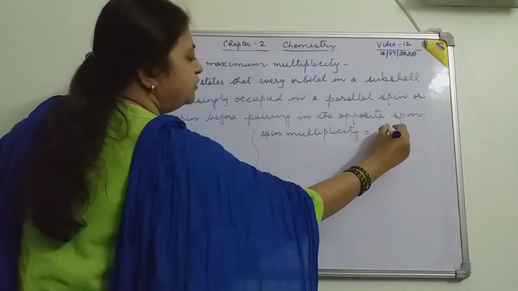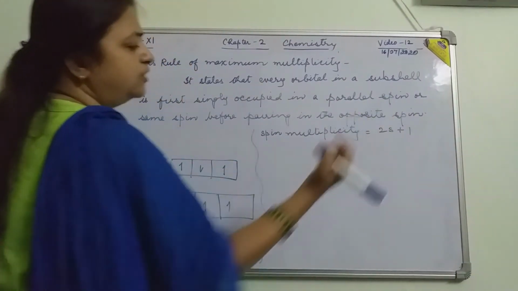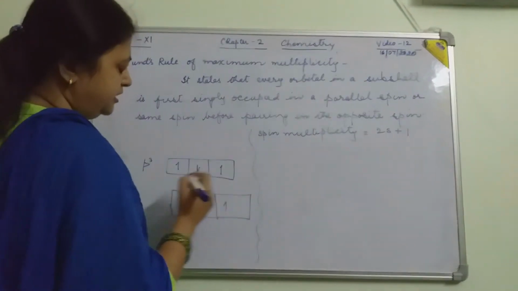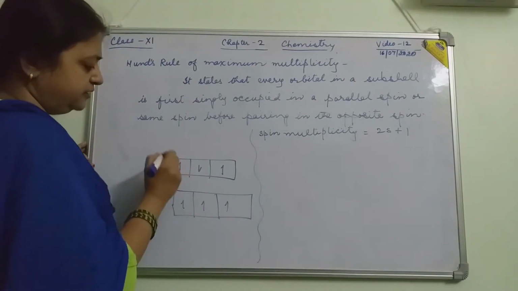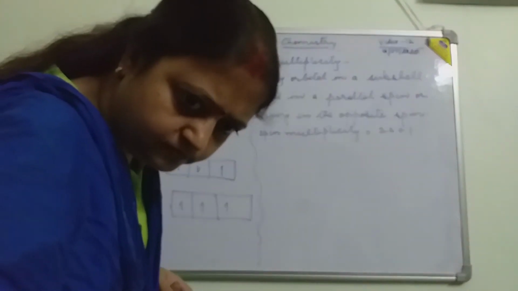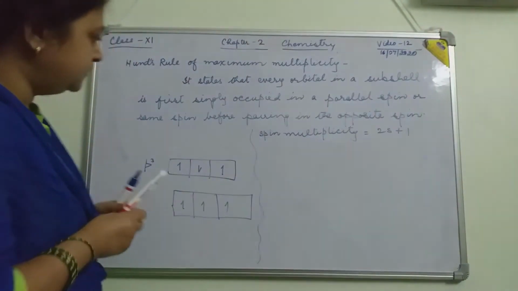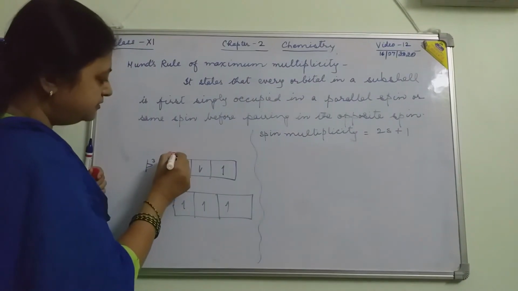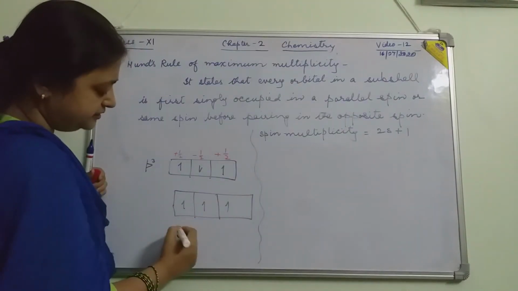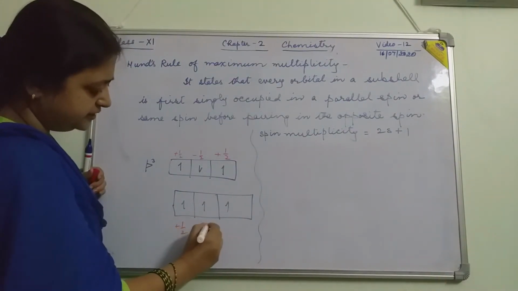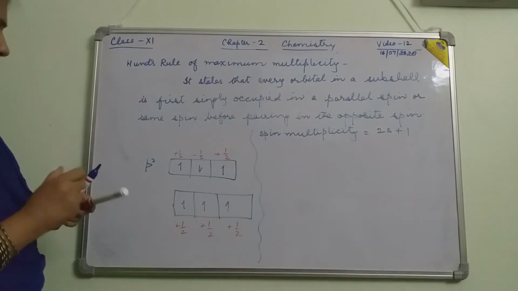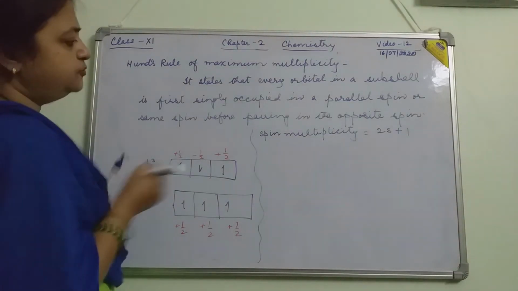Spin multiplicity is equal to 2s plus 1, where s is the spin quantum number. If we consider this p3, one arrangement is plus half, minus half, plus half, and the other is plus half, plus half and plus half. Now calculate the spin multiplicity.